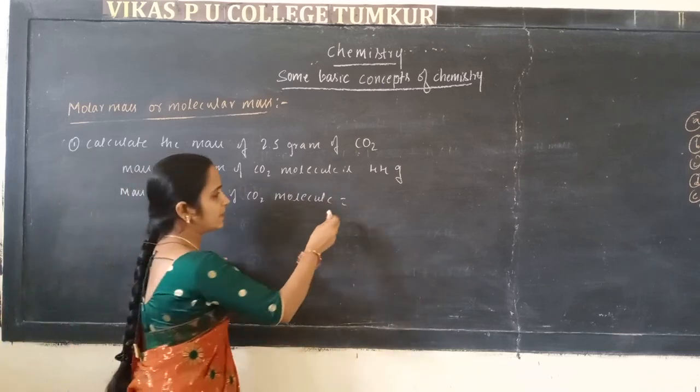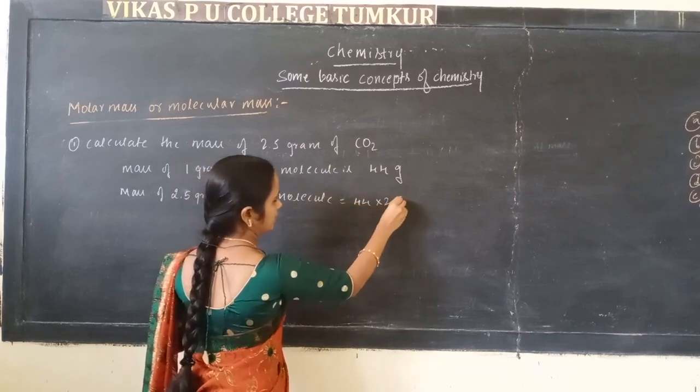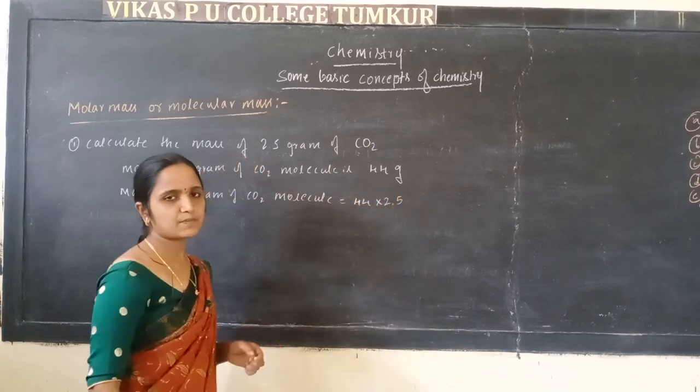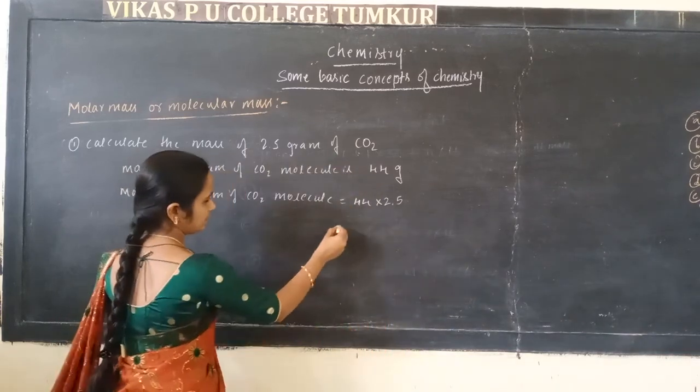We multiply with 2.5. That is 44 into 2.5, and we get 110.